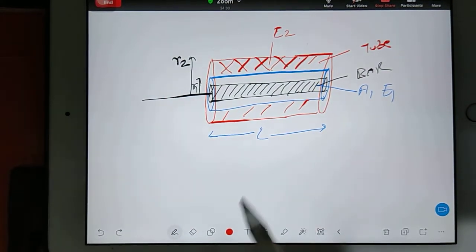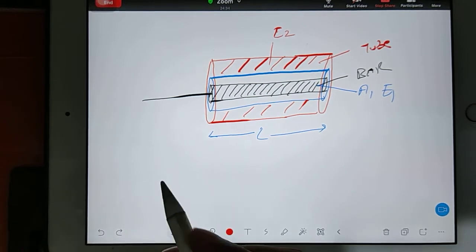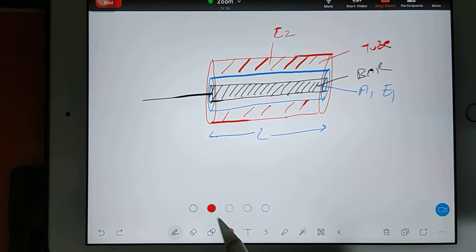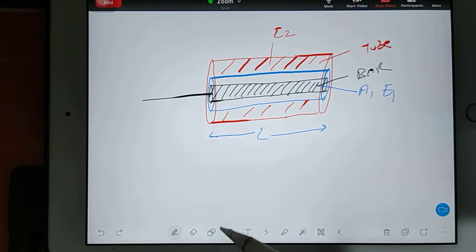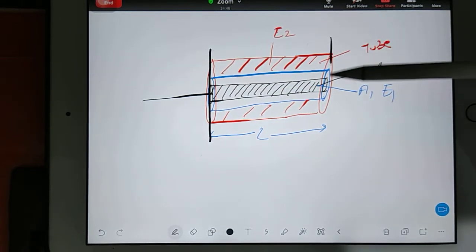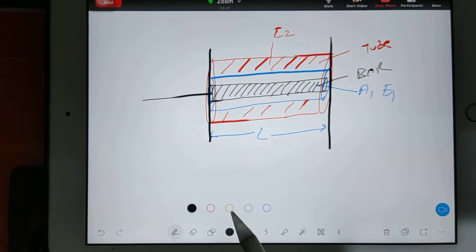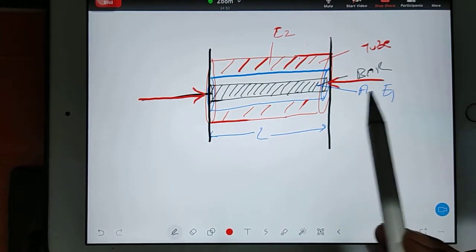Okay, so you see here you have one very good trick. What is our job here? Our job is when we apply load, suppose here I am putting a shield, here also a shield, here also a shield. Now on that shield I am compressing the rod. So what will happen?